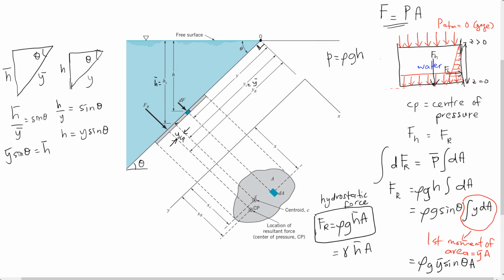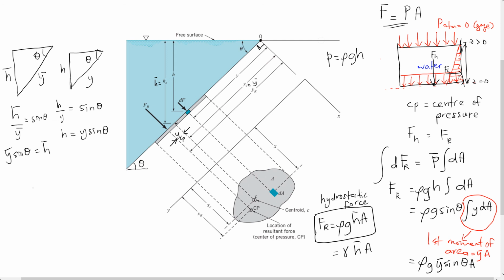So why do you need to find the location? Because sometimes the question will ask you the location of the line of action of the force, the location of the force. Sometimes you also need to find moment. Moment is force times distance, so you need to know this distance. So how do you get this? Like I mentioned just now, we use moment.